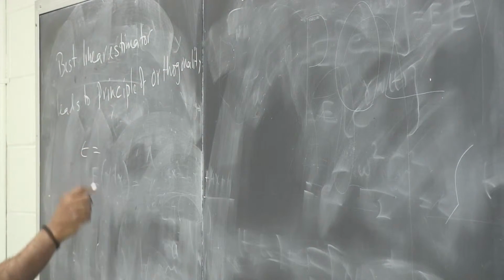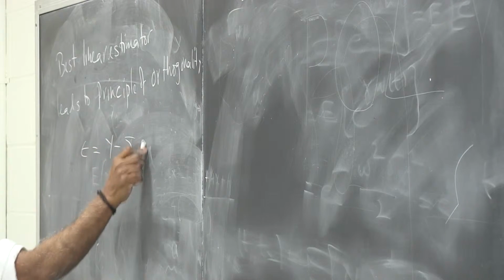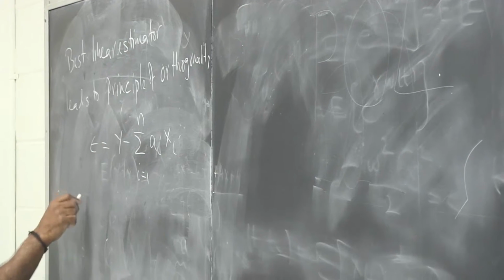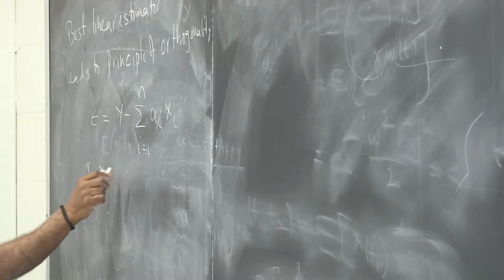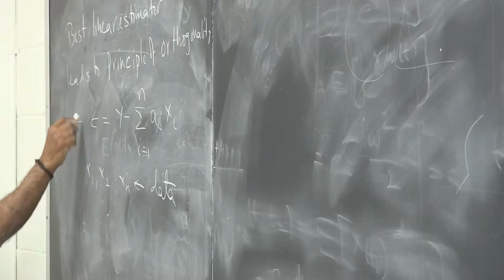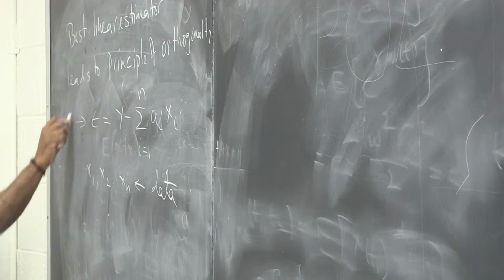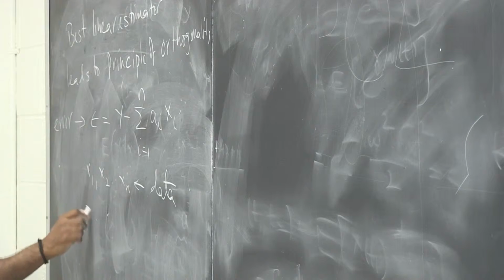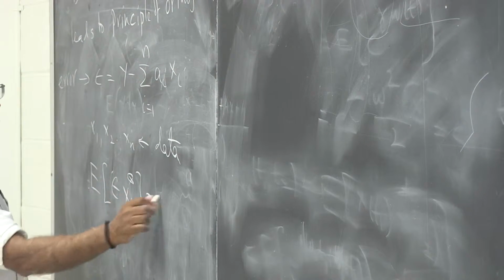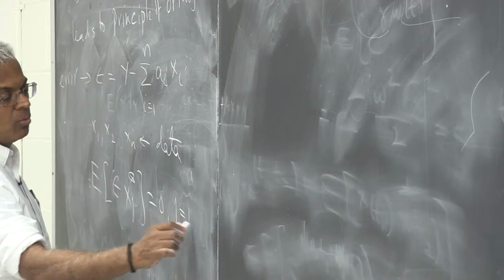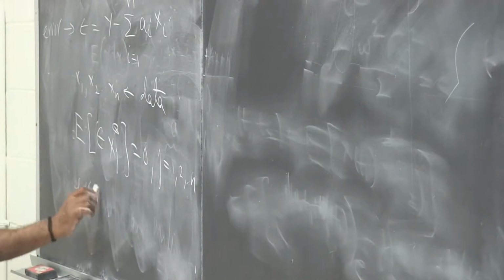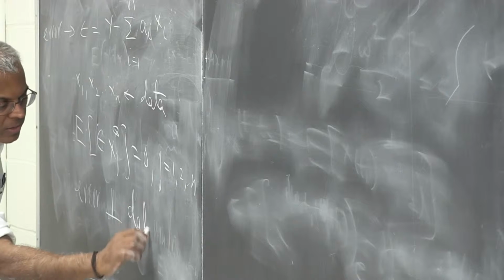You have the error, which is y minus sigma ai xi, and you have the data set x1, x2, etc. up to xn. What the orthogonality says is that the expected value of epsilon xj star equals 0, for j equal to 1, 2, etc. So the error is orthogonal to the data set.